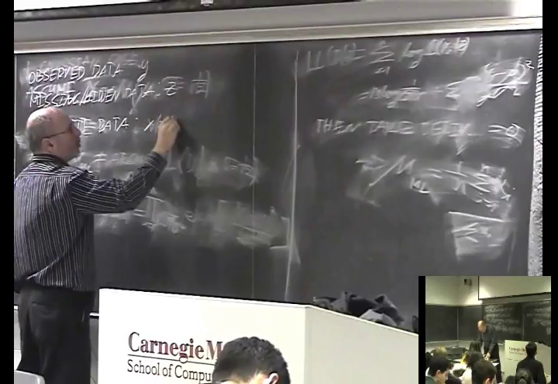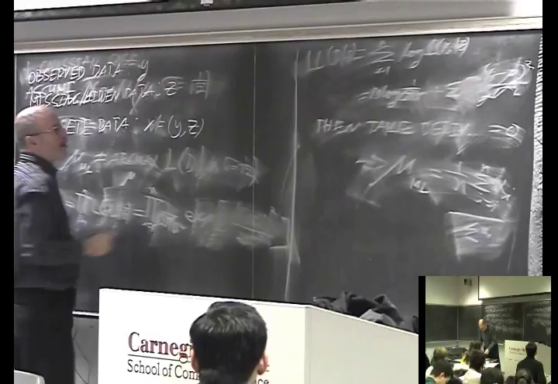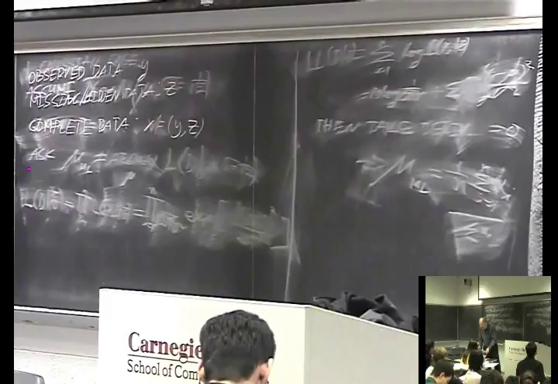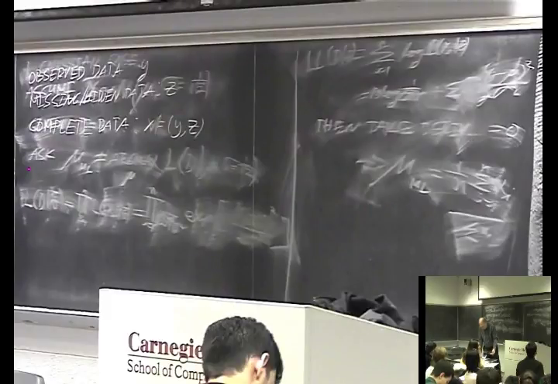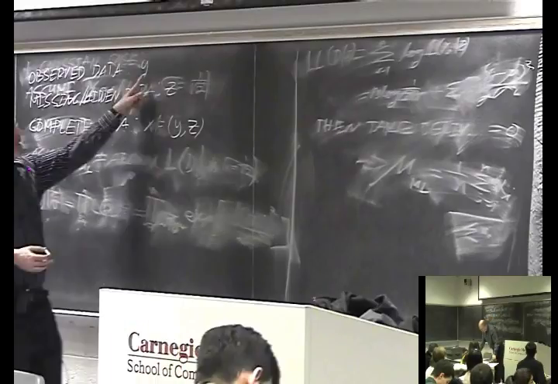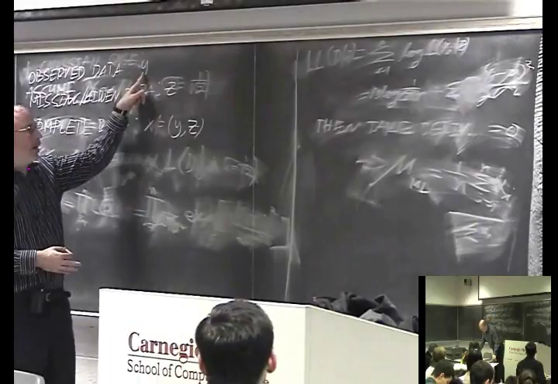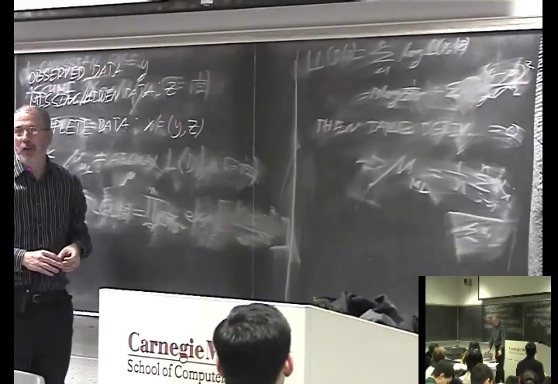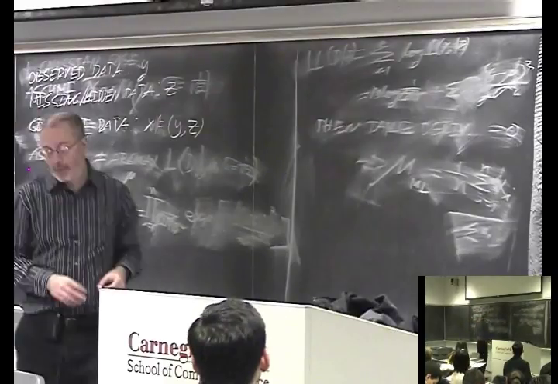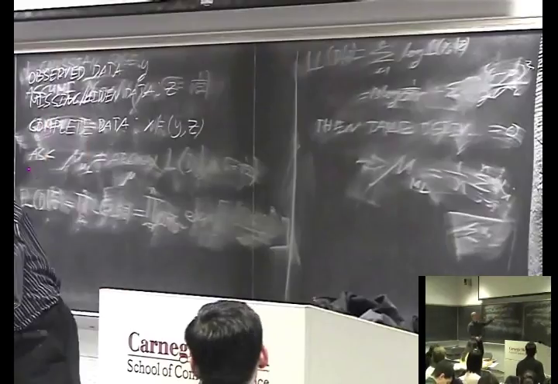Let's see what the book uses. No, the book uses the more intuitive thing that we've been using here. So I'll do that too. The original paper on EM uses this.